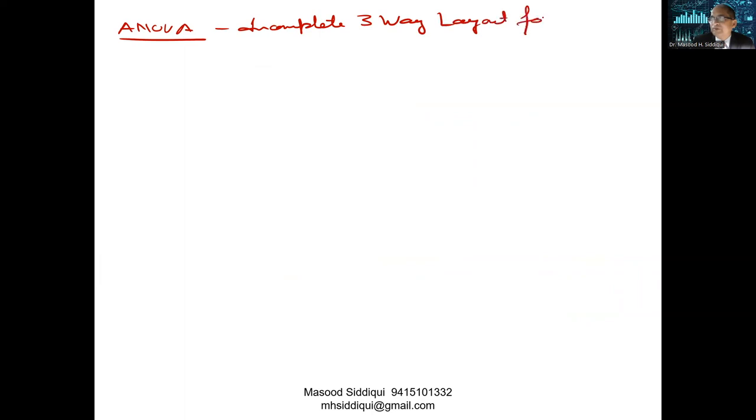So now we are discussing ANOVA for an incomplete three-way layout for the Latin square design.